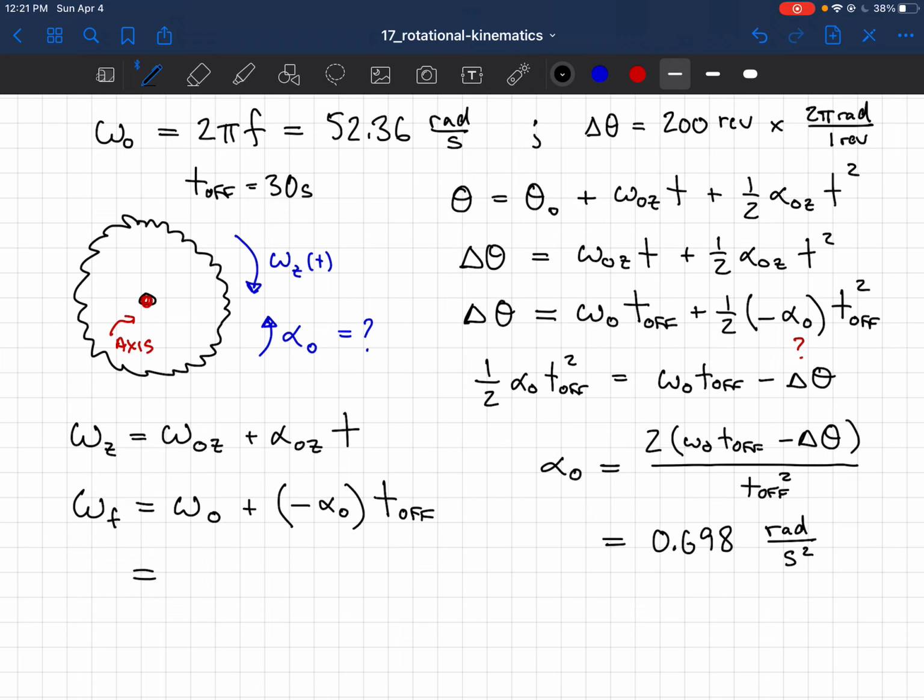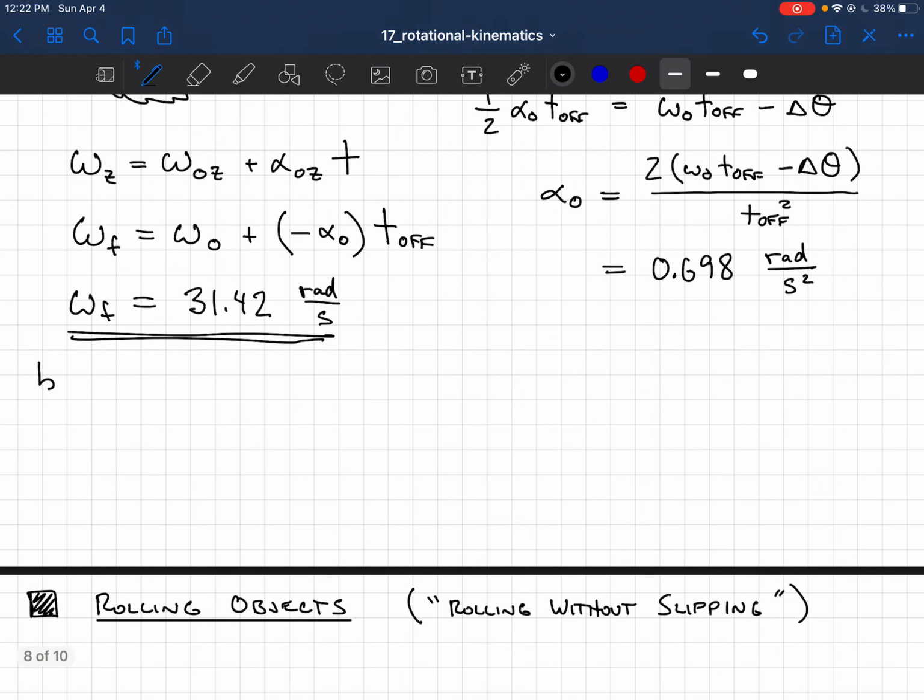So omega naught we were given as 52.36. We subtract off the acceleration that we just found, 0.698, multiplied by 30 seconds. And we get 31.42 radians per second. So there's the answer to part A.